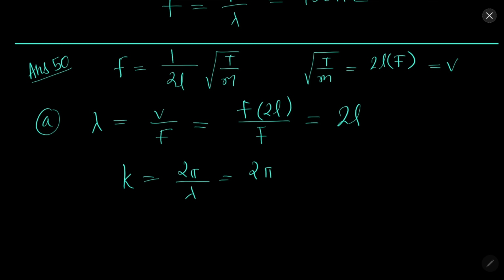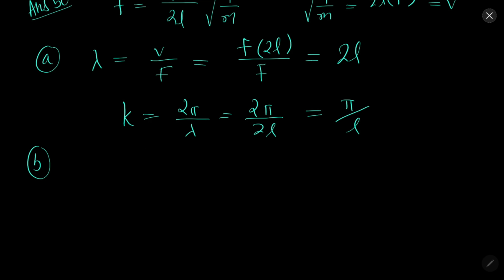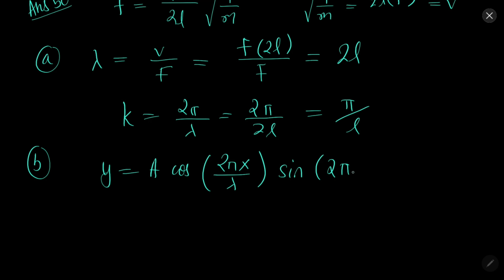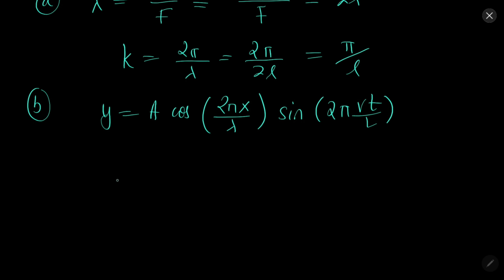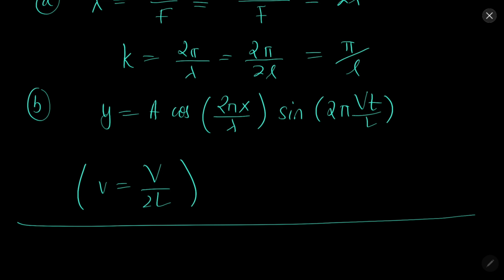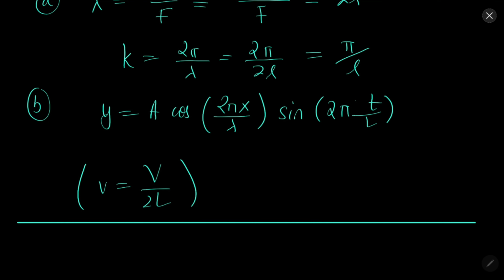And wave number is 2 pi by lambda. So 2 pi over 2L, that is pi over L, and the equation will be y equal to a cos 2 pi x over lambda sine 2 pi Vt over L, where v is small v.